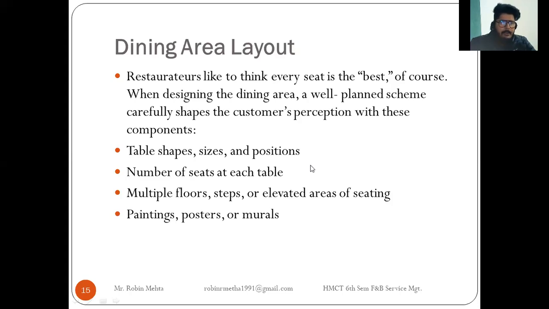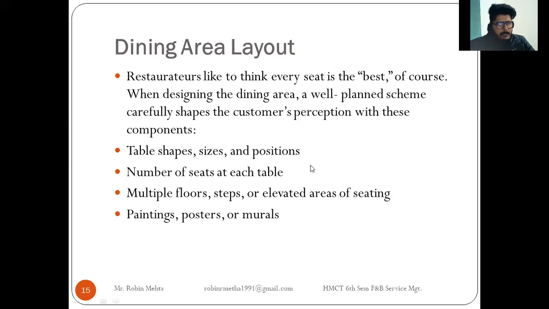Okay, when designing the dining area, we plan schemes carefully that shape the customer perception, with these components: table shape, size and positions, number of seats at each table, multiple floors, steps or elevator areas, seating, painting, posters or murals. Whenever we are planning a restaurant, the dining area layout is, for us, the best.